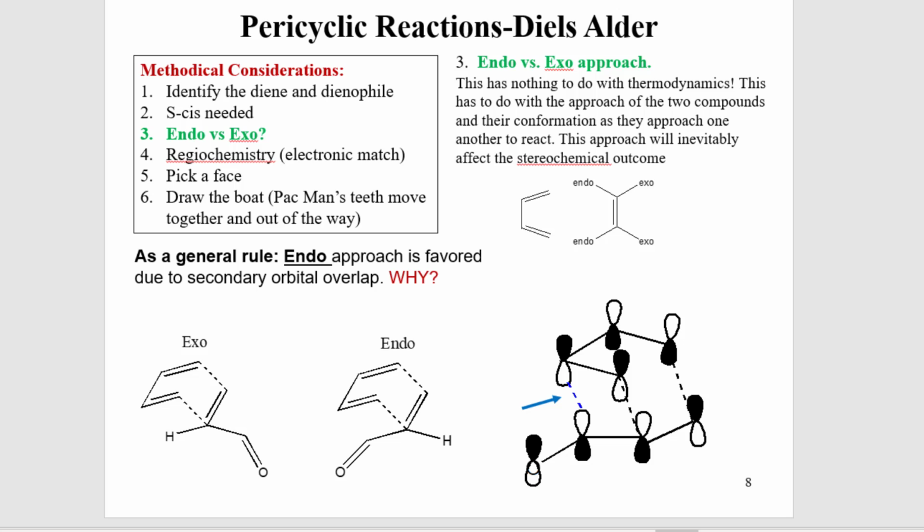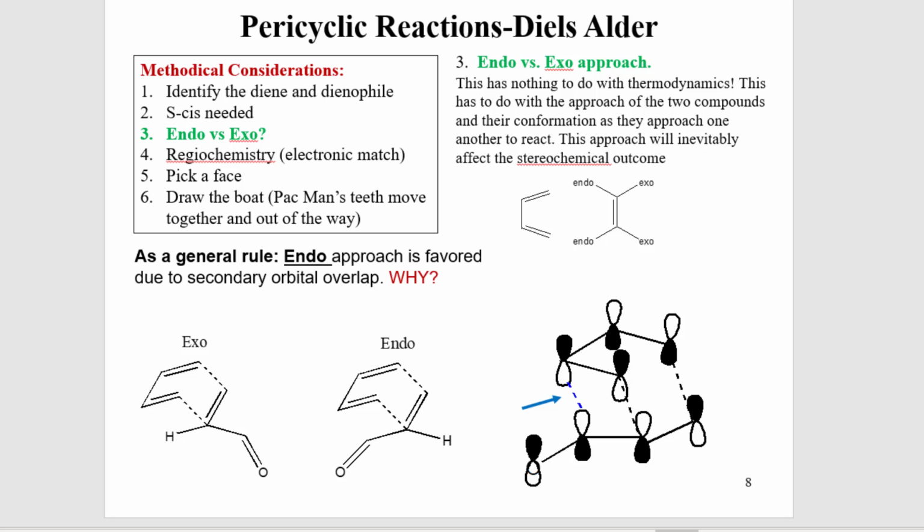Okay, let's do consideration number 3. When looking at a Diels-Alder reaction, we're probably most likely going to have appendages off of our diene and dienophile. How do they orient relative to one another?